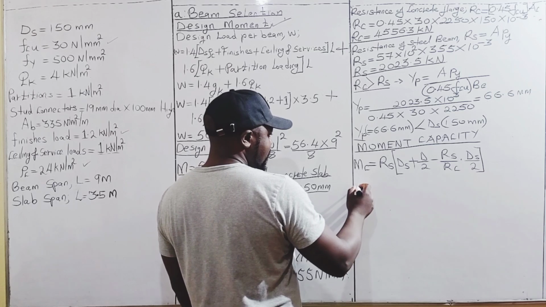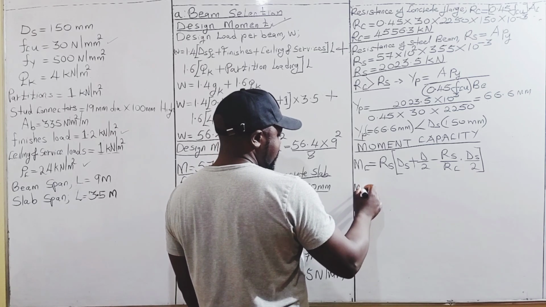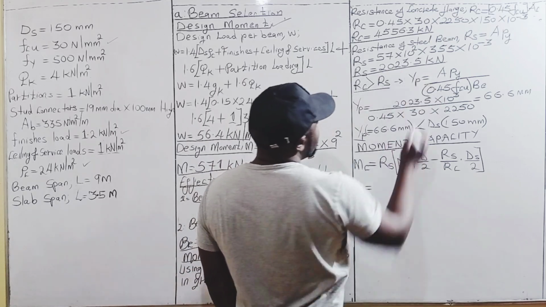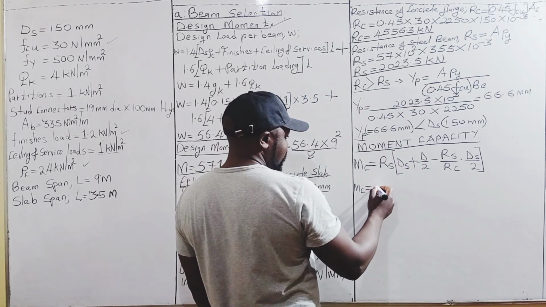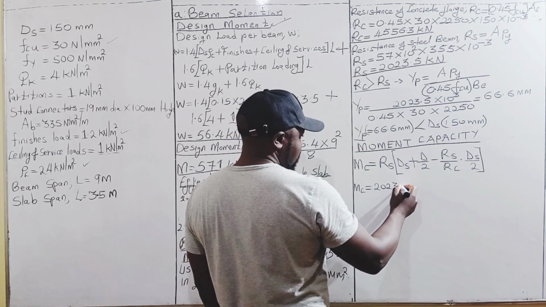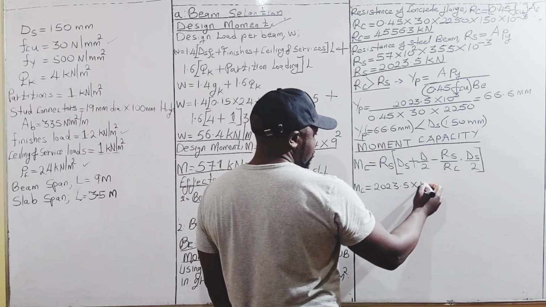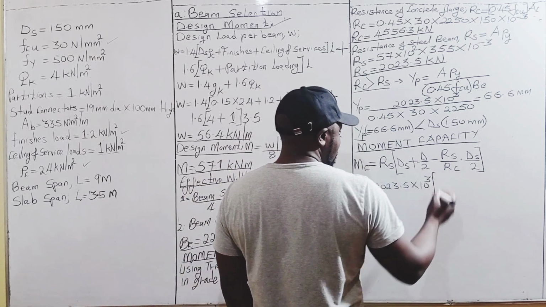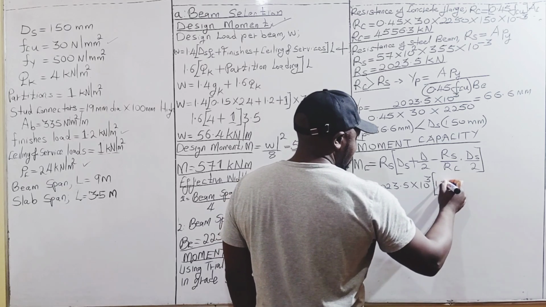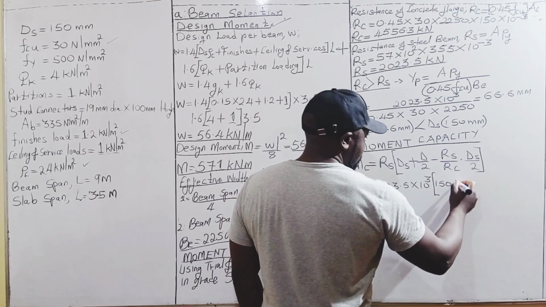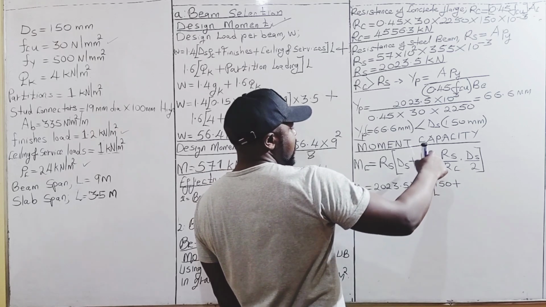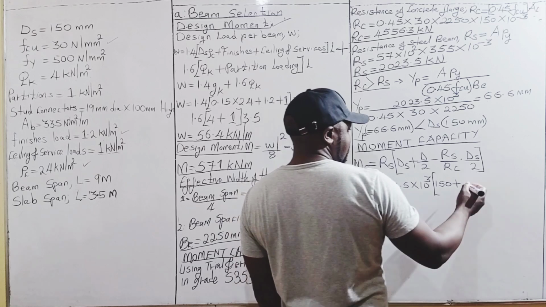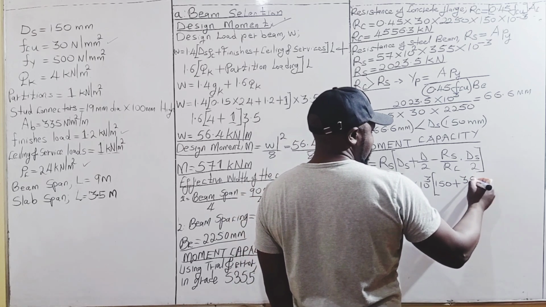Therefore, the moment capacity will be given by Rs, which is 23.5 kilonewtons. So we have 23.5 kilonewtons. We multiply by 1,000 to convert it to newtons, into Ds is 150 millimeters. So 150. We add D, the depth of the steel section from Appendix B, that is 352 millimeters.